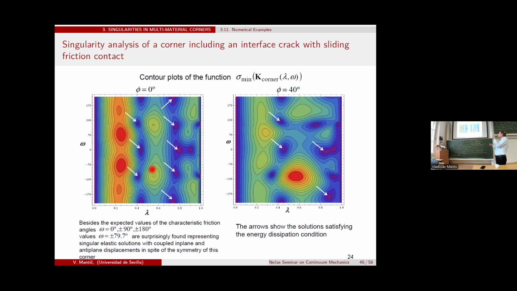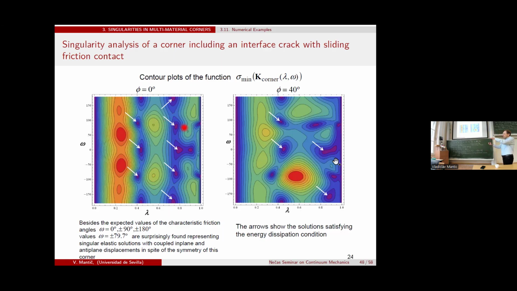Okay, so we look for minima values, which are these values in red wine color, and these eigenvalues which fulfill the dissipation condition, frictional dissipation condition for energy.